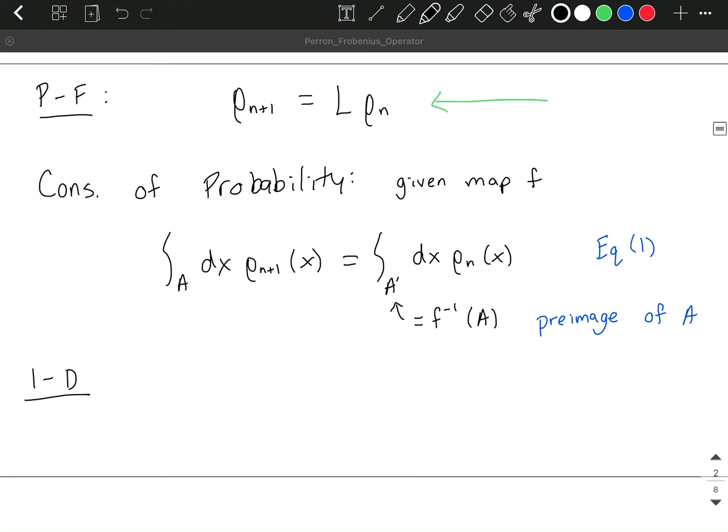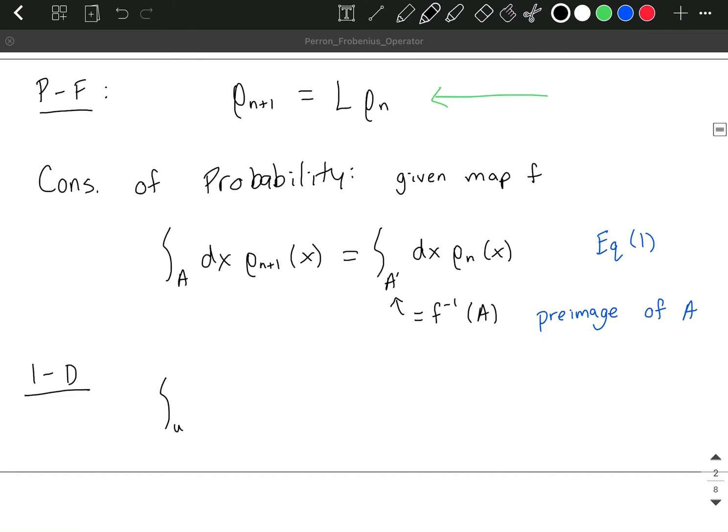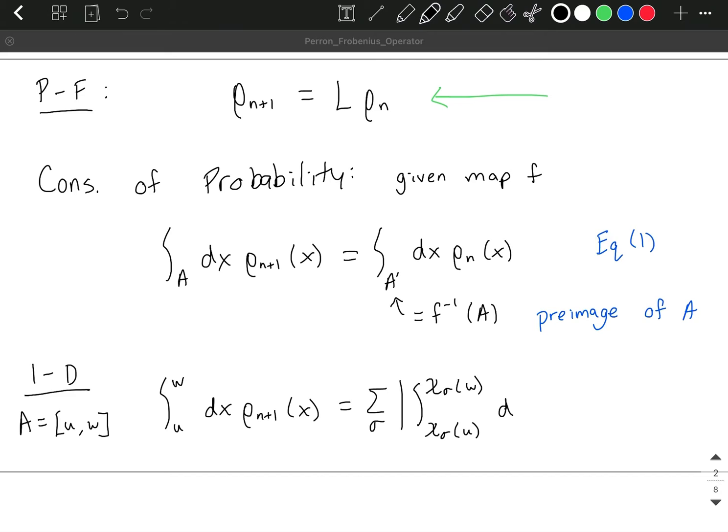And so taking equation 1, we can rewrite it as the integral from u to w, where A is defined as the interval from u to w, dx rho n plus 1 of x is equal to the sum over sigma of the absolute value of the integral from chi sub sigma of u to chi sub sigma of w, dx rho n of x.